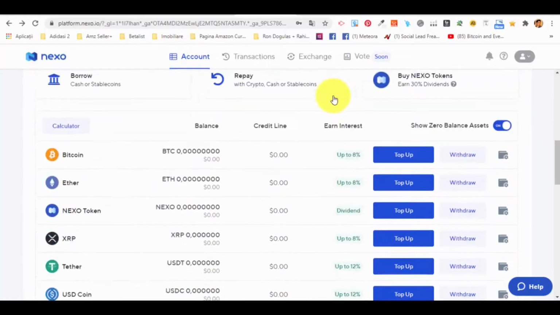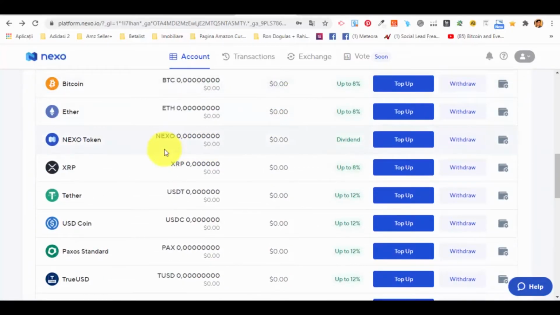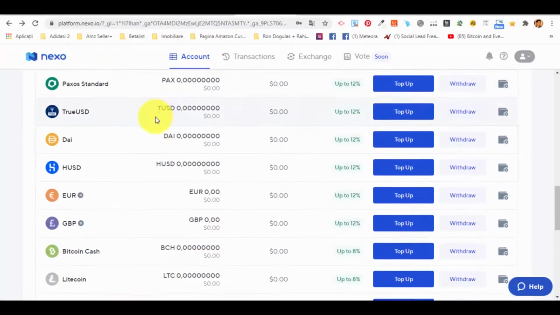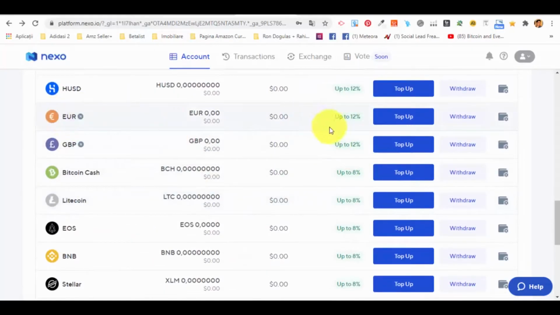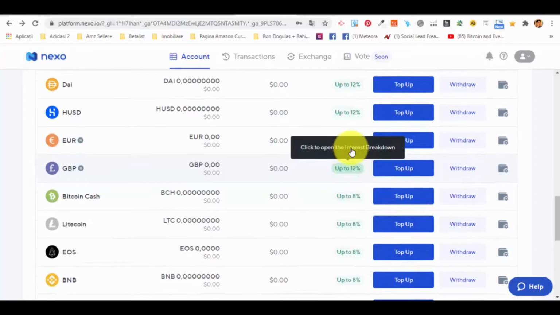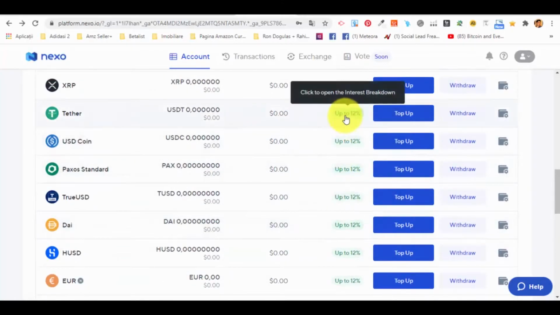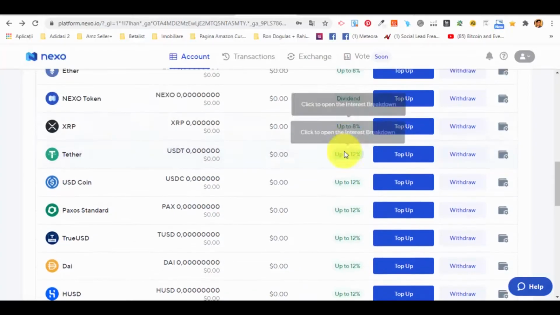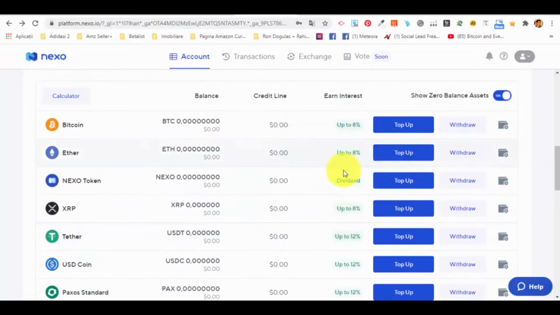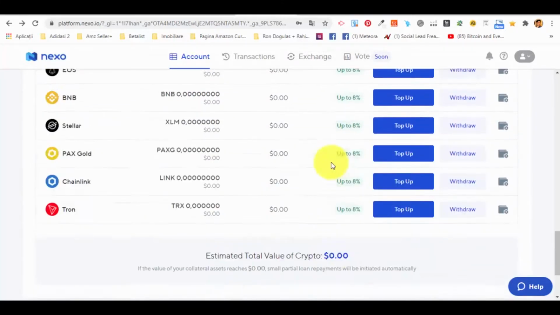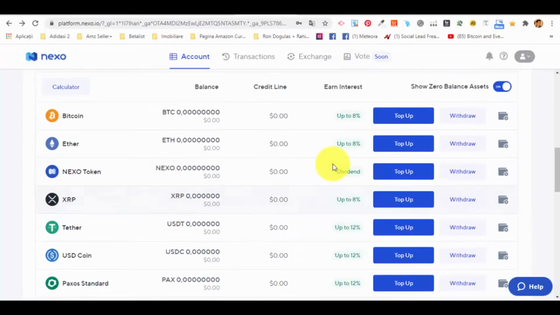If we scroll down, we can see the percentages in euro up to 12%, pounds 12%, USDT, which is basically US dollar but in crypto, 12%. So very, very good rates. Okay, these are stable rates. These don't go up and down.